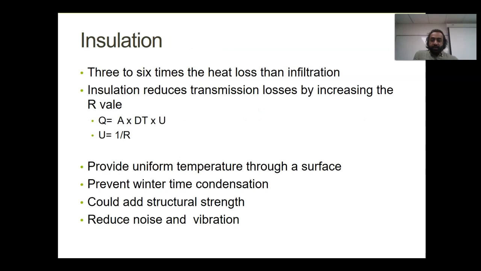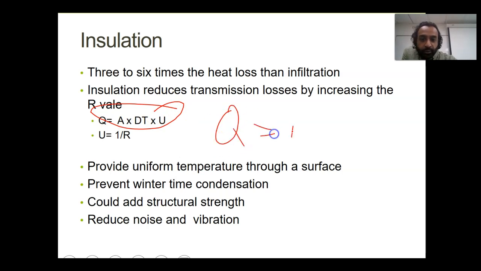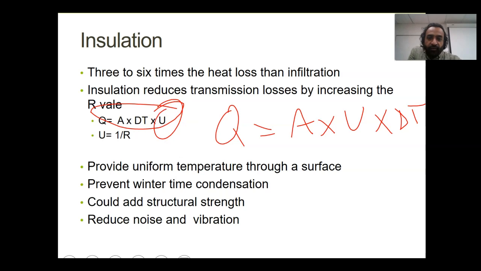Talking about the equation that I always talk about, I manipulated it a little bit. It's usually Q equals area times U times delta T. This time we're talking about only the U factor.